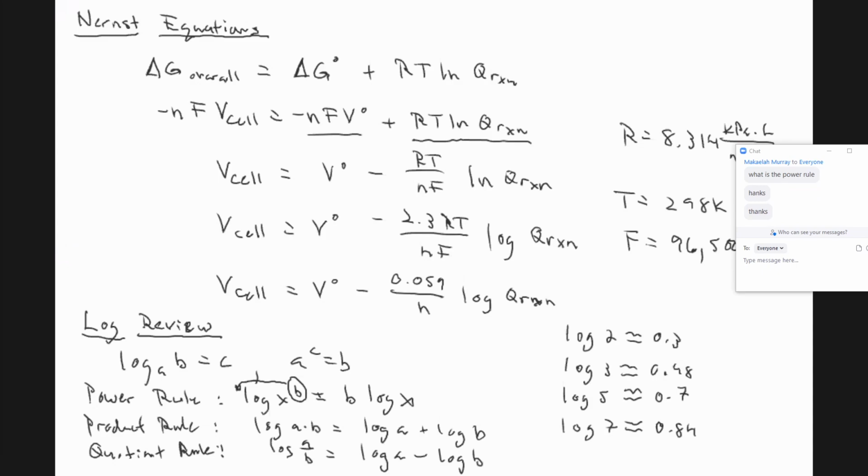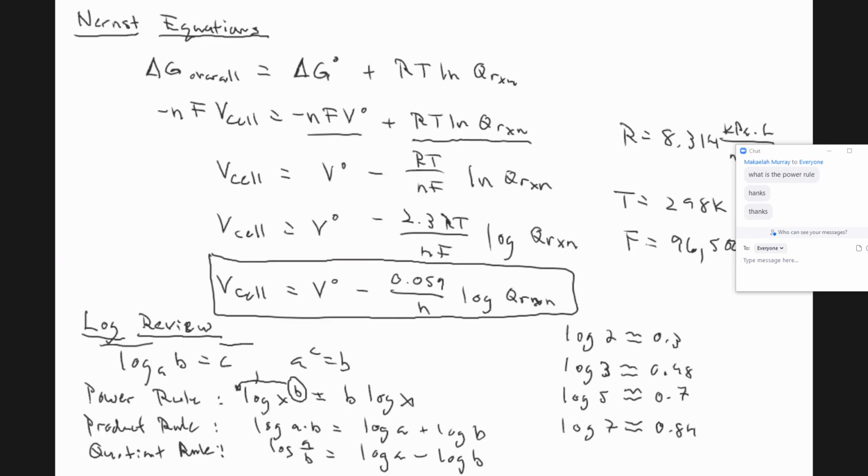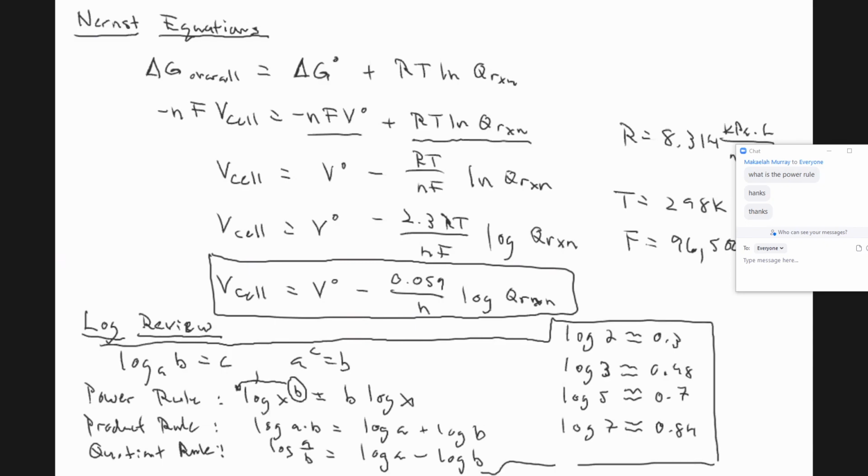So this is how we use this log review. This is super powerful, so know this equation. You don't need to know all the derivation, but you need to know all these log rules. The reason being is you're not going to only use logs here for Nernst equations.